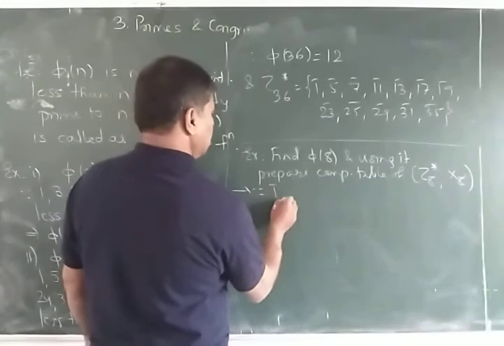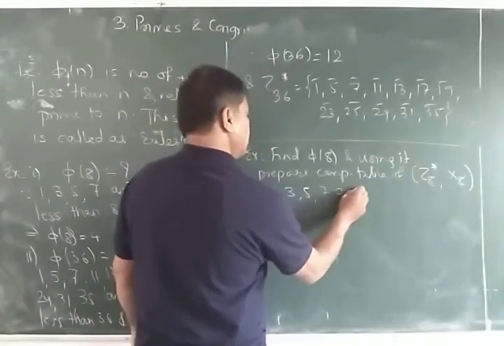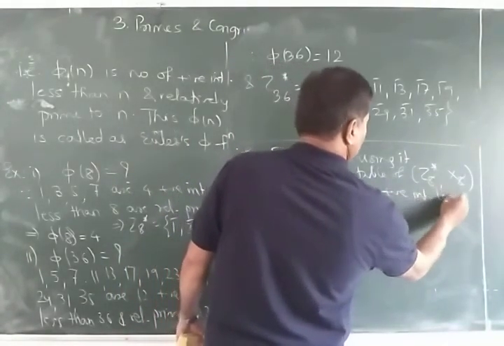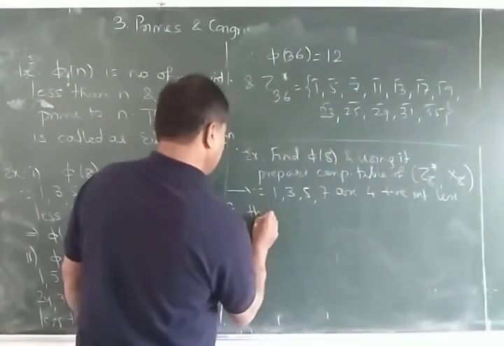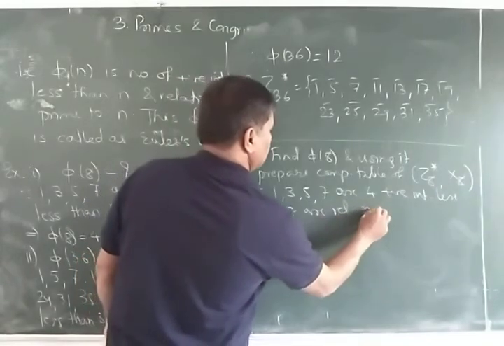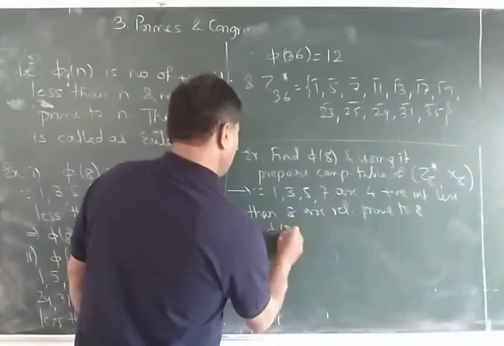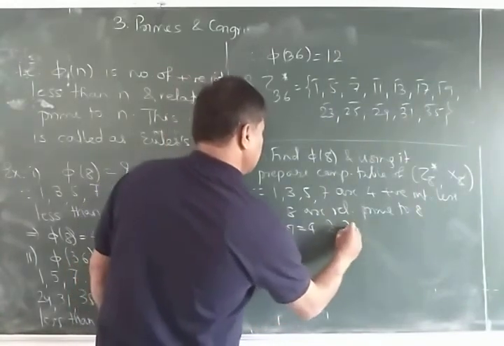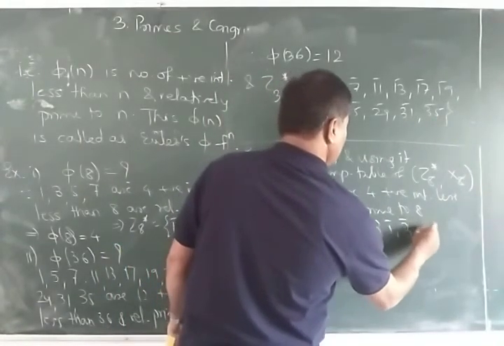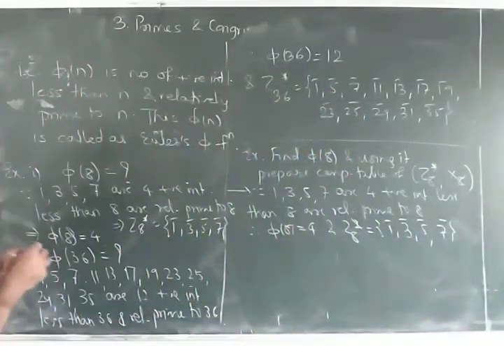Since 1, 3, 5, 7 are 4 positive integers less than 8 relatively prime to 8, phi of 8 is equal to 4 and Z8 star is equal to 1 bar, 3 bar, 5 bar, 7 bar.